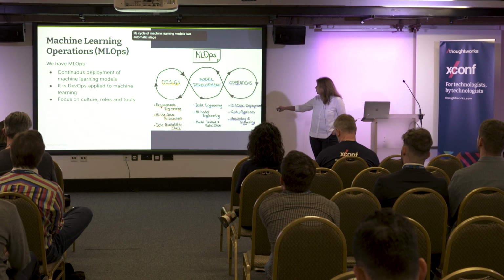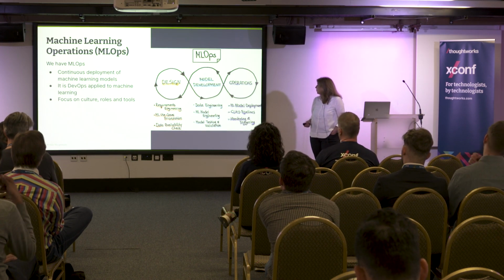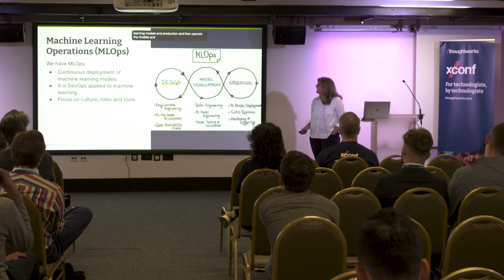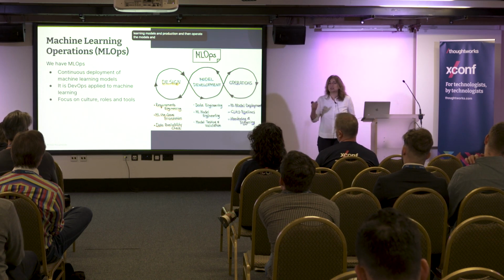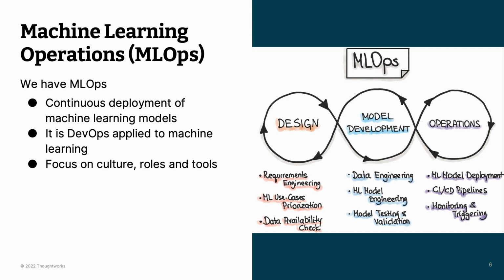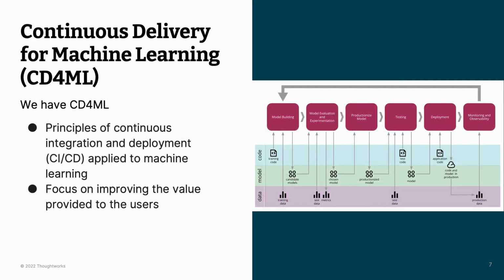We need continuous integration and continuous deployment pipelines in order to do this in an automatic way. The focus here in MLOps is on the culture, roles, and tools that we need to get this life cycle.